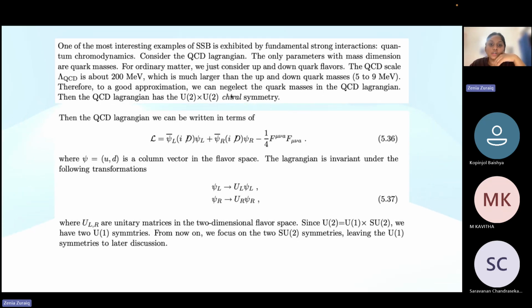So the QCD Lagrangian has an SU(2) cross SU(2) chiral symmetry. It's sometimes written as U(2), because U(2) is U(1) cross SU(2), but here the U(1) doesn't matter, only SU(2) matters. So there is an SU(2) left symmetry and an SU(2) right symmetry separately, and overall also a symmetry. This is what is called chiral symmetry.